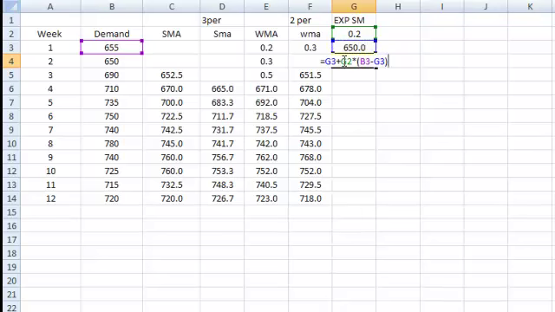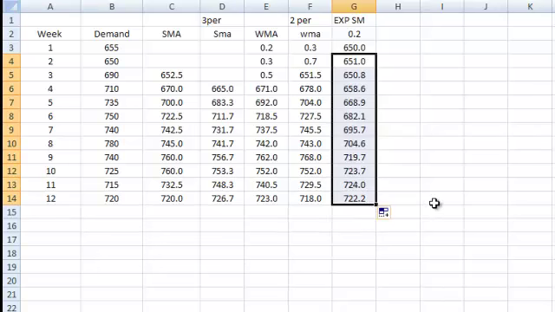We also need to make sure that we anchor this decimal 0.2, so we'll just press F4. That gives us a forecast of 651 units. What we're doing essentially is taking the previous forecast and adjusting it either up or down by a portion of the error. Now we can just click and drag and we see that that's our exponential smoothing. The greater the smoothing constant, the faster our new forecast will react to the error.